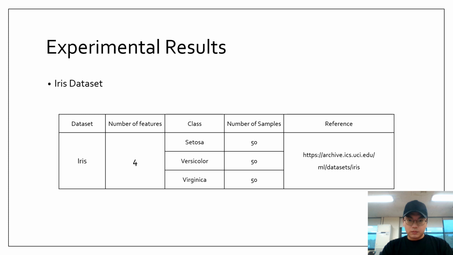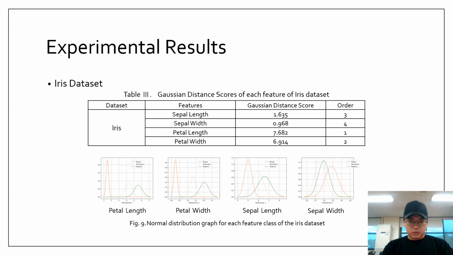This dataset has 4 features. Table 3 shows the Gaussian distance score for each feature of the Iris dataset. The scores recorded in Table 3 are the scores of the distance measurement between normal distributions shown in Figure 9.